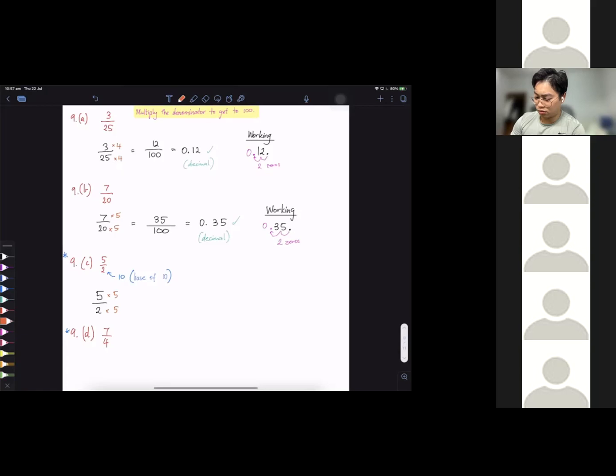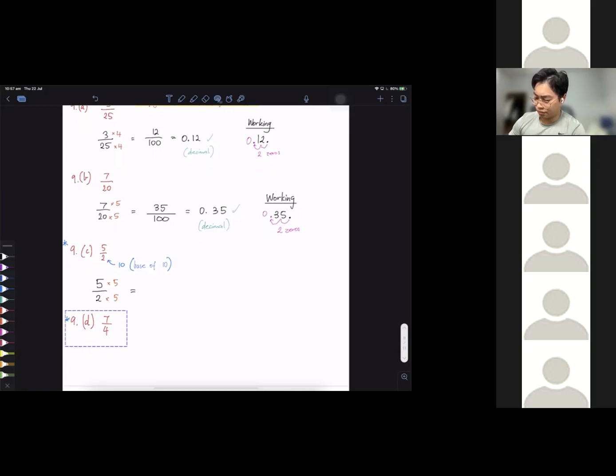What you do to the bottom, you do to the top. 5 times 5 is 25. 2 times 5 is 10. We're going to change that fraction now by doing a bit of working out on the side. Got 25 point, and we move our decimal place 1 to the left because there's 1 zero.